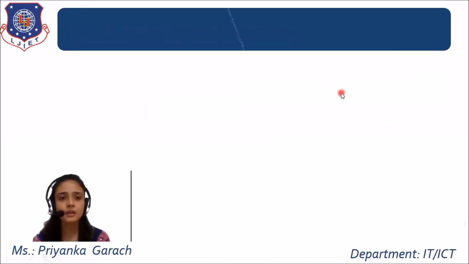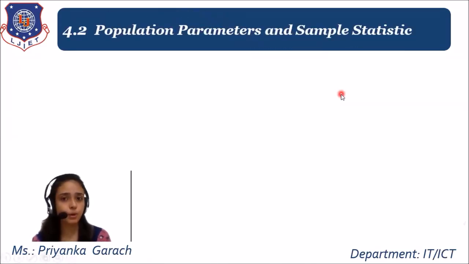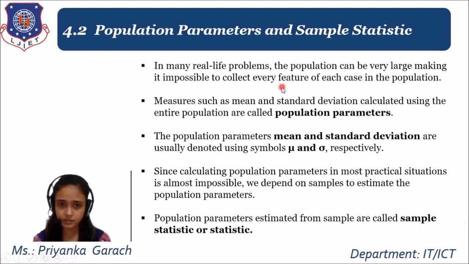Now we will see the population parameters and the sample statistics. When we talk about parameters, which parameters are we talking about? First, the parameters for the population. In many real life problems, the population can be very large, making it impossible to collect every feature of each case in the population.